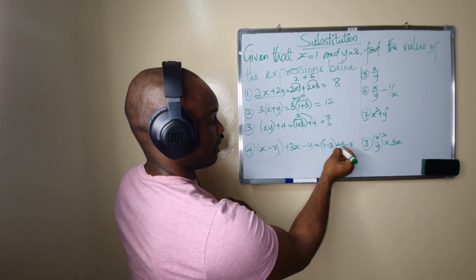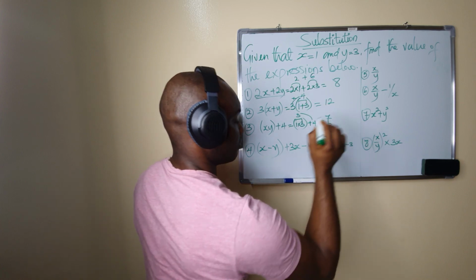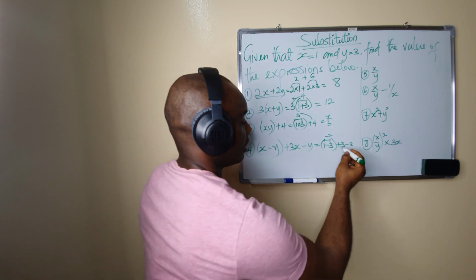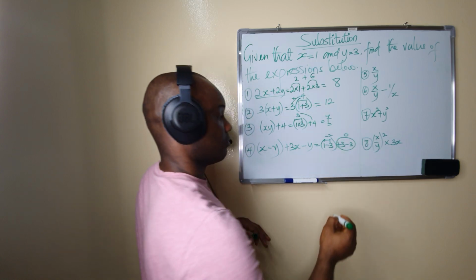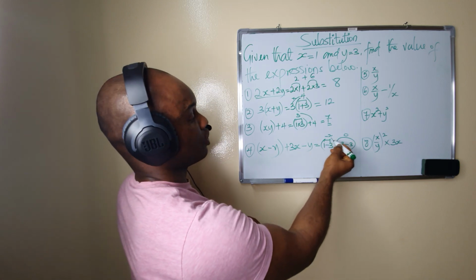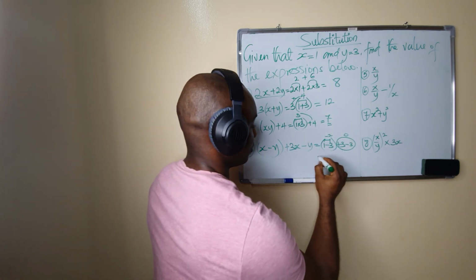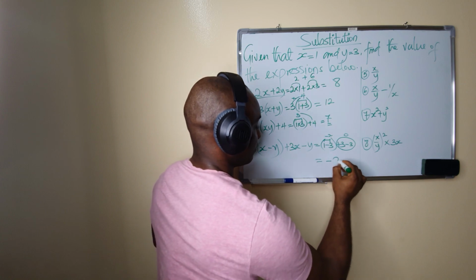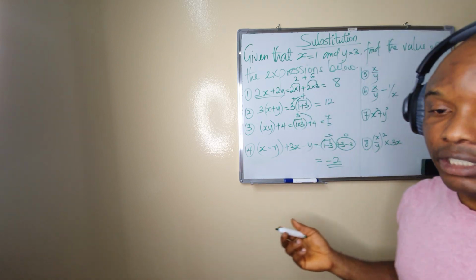Alright, 1 minus 3 is negative 2, as you learned in your negative number. And outside here, 3 minus 3 is 0. So I am left just with negative 2. Hence, this answer here is going to give me negative 2. Done. That was easy enough, isn't it?